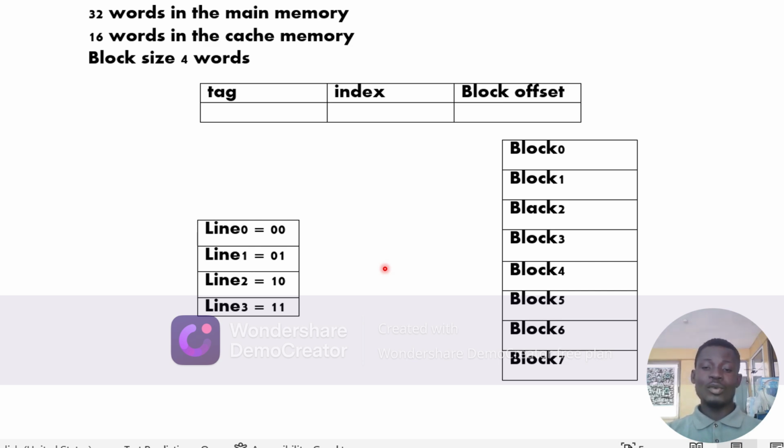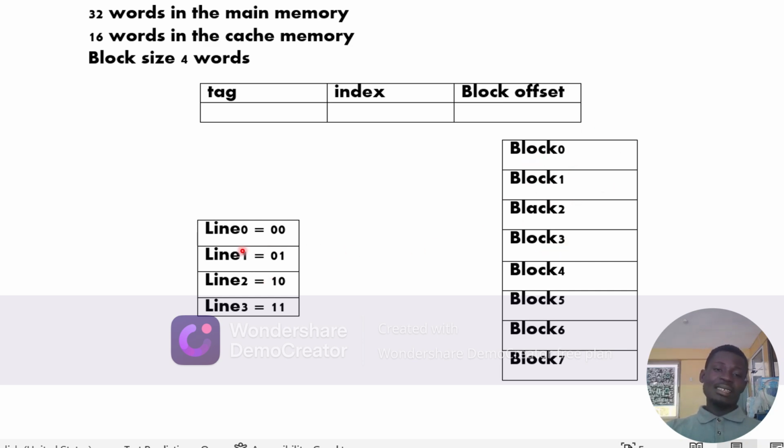So this is how we are going to do our lesson. It means this cache memory has only 4 lines, and the main memory has 8 blocks.